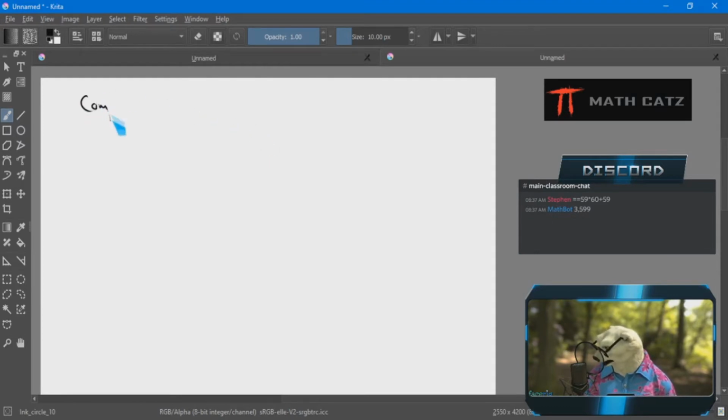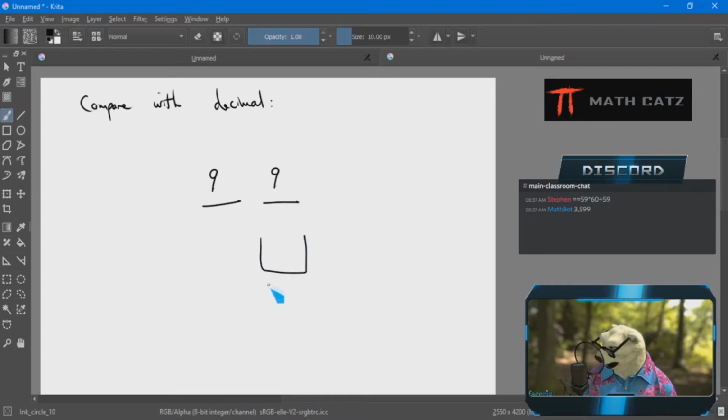Let's see here, compare with our decimal system where we count in tens. Let's suppose we have two places and they're full. That means 99, right? That means I have two containers here. The number of ones is full. Let's say they're full of 9 little dots.